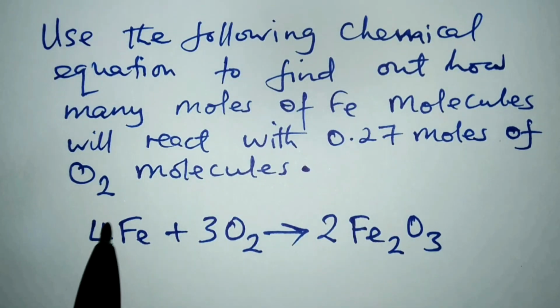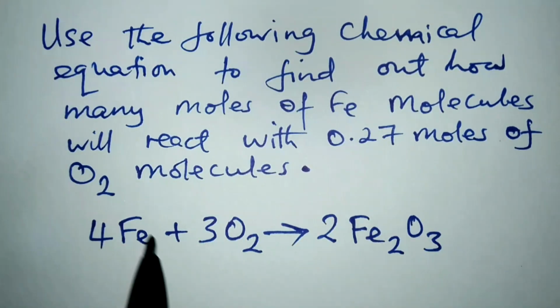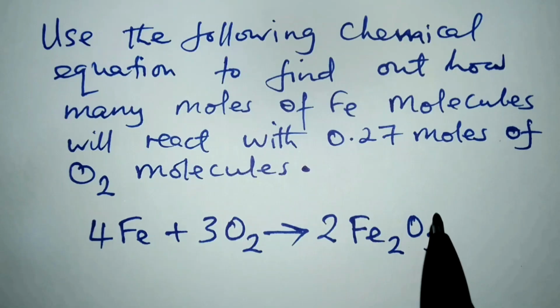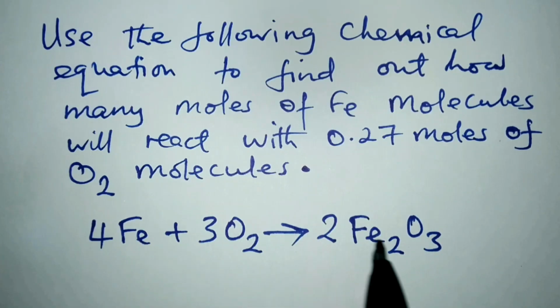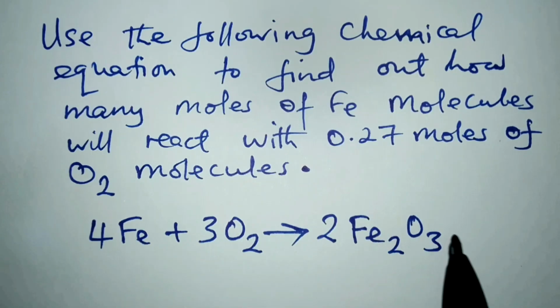Use the following chemical equation to find out how many moles of Fe molecules will react with 0.27 moles of O2 molecules. 4 Fe plus 3 O2 producing 2 Fe2O3.